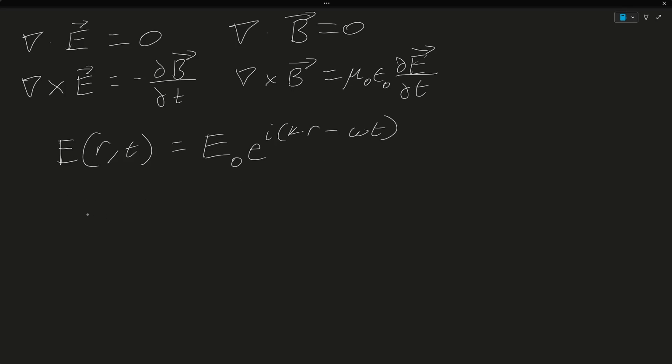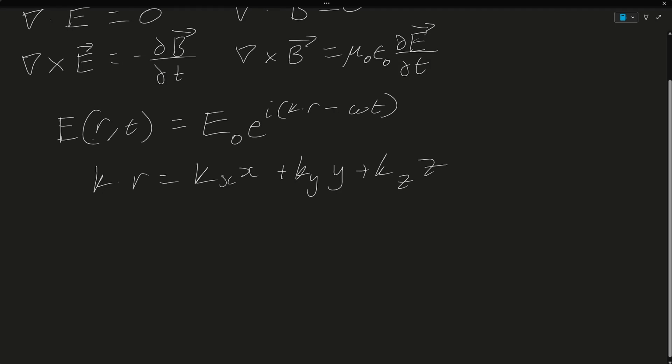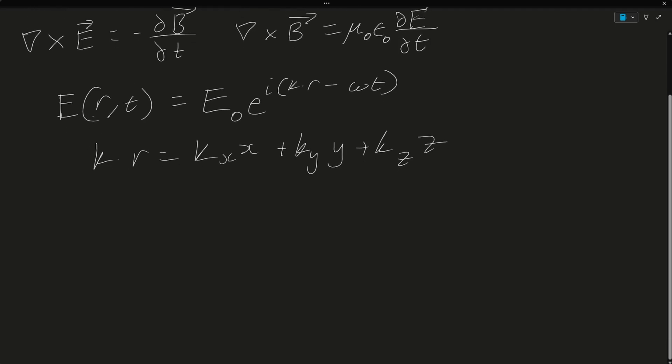And here k dot r, because r is just our directional vector, is equal to kx x plus ky y plus kz z. Essentially, this is our plane wave solution.